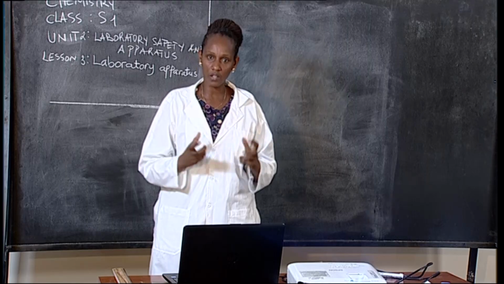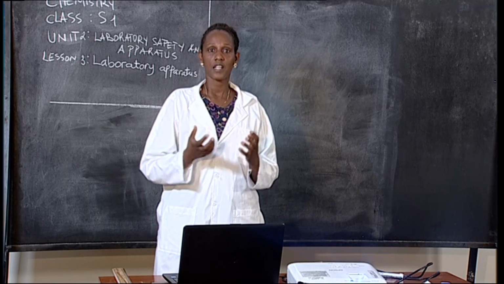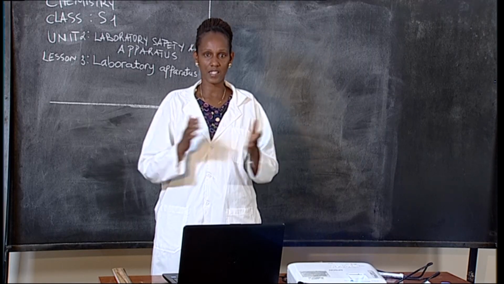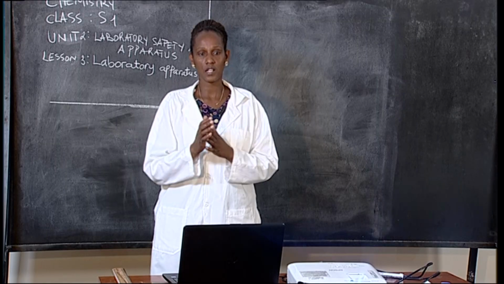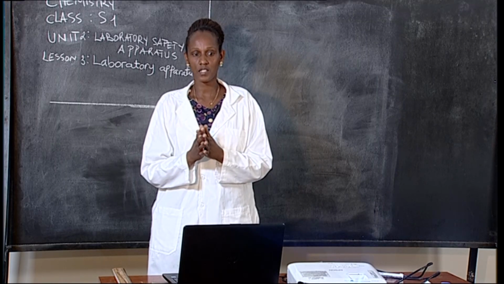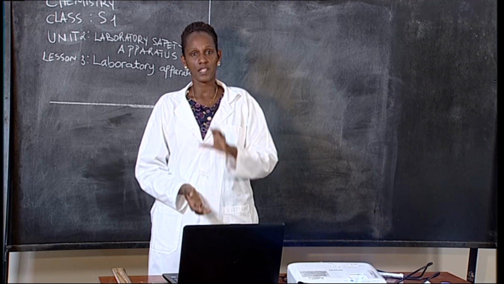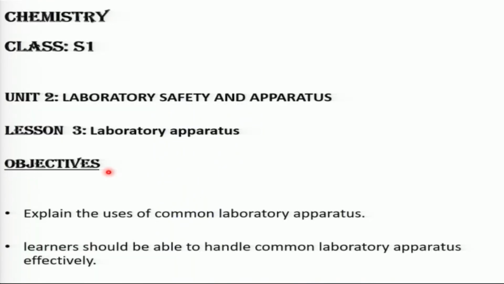When we don't handle them with care, they may cause accidents to ourselves and to other learners. So by the time we finish this lesson, we shall be able to tell how to handle common laboratory apparatus effectively, and we shall know those apparatus and their uses. So it is our focus today.